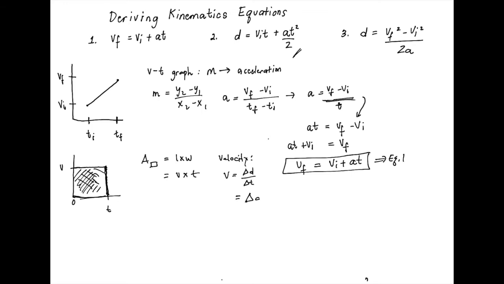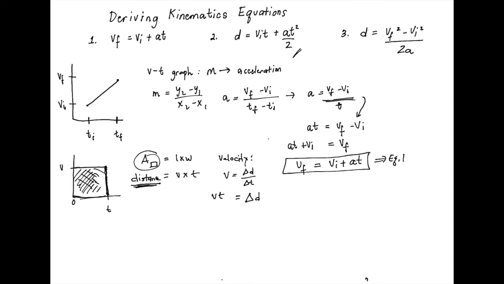We have here our change in d, or displacement, that is velocity times delta t, which is Vt. The area simply represents the distance. So in a VT graph, the distance is represented by the area.